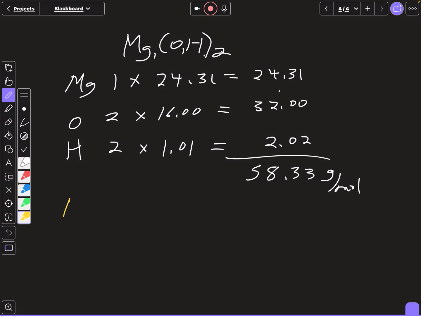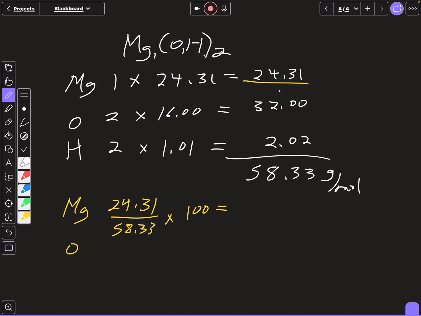So for magnesium, its mass was 24.31. I'm going to divide it by the total, which is the molar mass, which is 58.33, times 100 to get a percent.